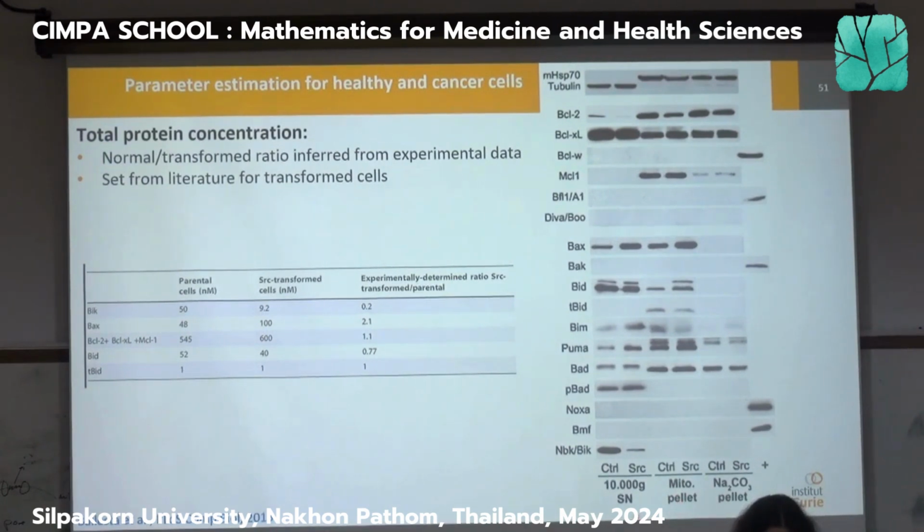Basically you can use this to infer the ratios between normal and cancer. This is the only thing you can get, because from here you cannot get numbers. It's not quantitative, it's something that we call semi-quantitative, in the way that we can get ratios from one condition to another, but you cannot get quantities.